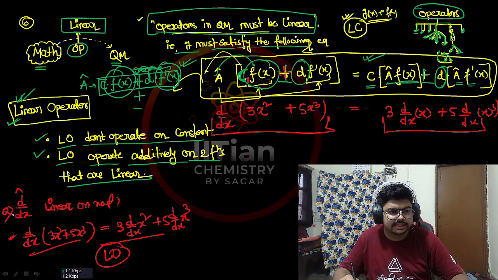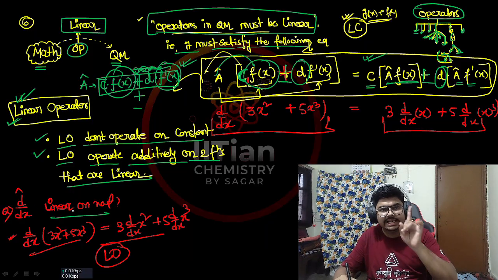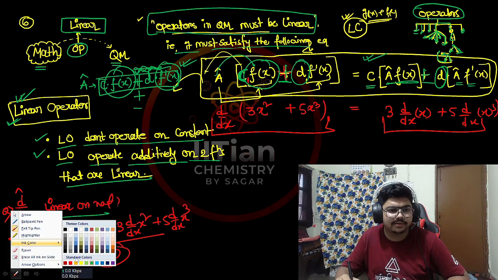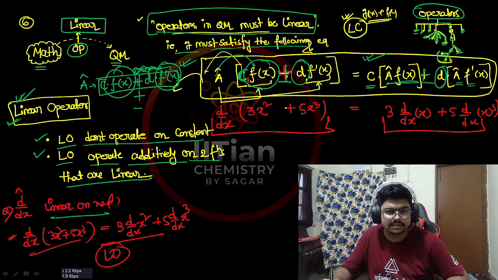My question is, let's check whether the d/dx operator is linear or not. To check it, let's take a random example: the value of c is 3, f of x is x square, the value of d is 5, f dash x is x cube, and my operator A is d/dx because we are checking d/dx.